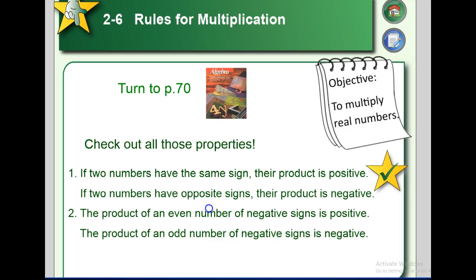For every real number A, A times -1 equals the opposite of A. So basically, when I multiply something by -1, it changes its sign. Positives become negatives, and negatives become positives. That's a real important property and a piece of information that we're going to need, especially when we get to chapter 3 and have to start solving equations.